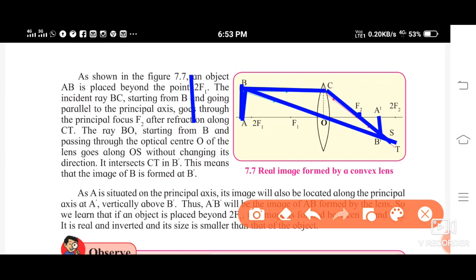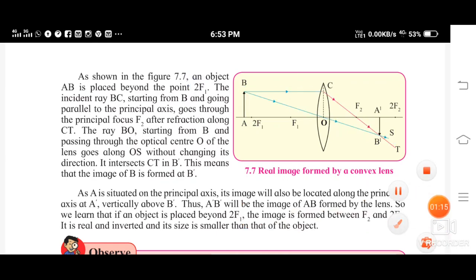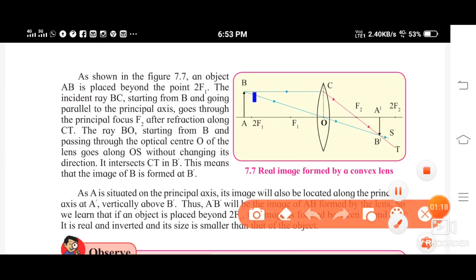Then when you keep the object at 2f1, the image will be formed at 2f2. Yes, it's going to go like that, and the image will be formed here at 2f2.